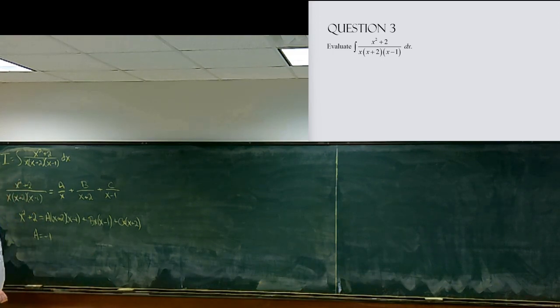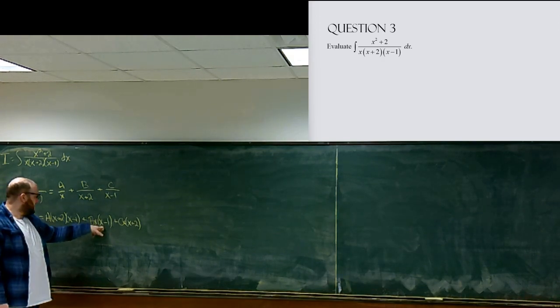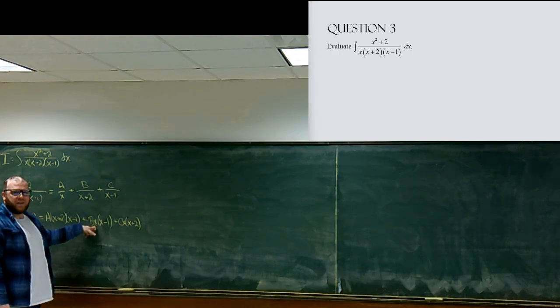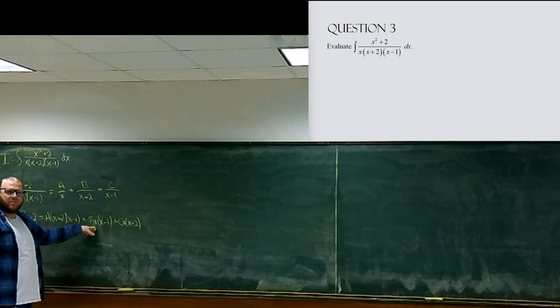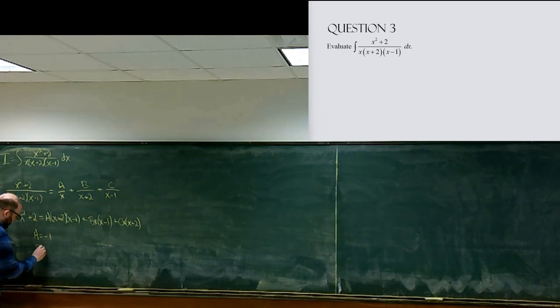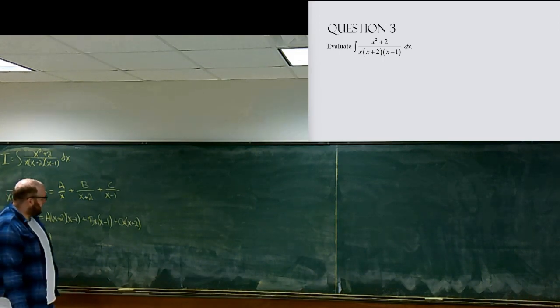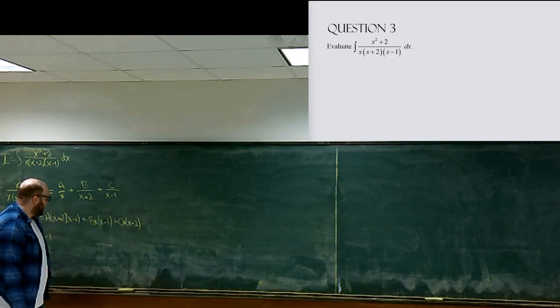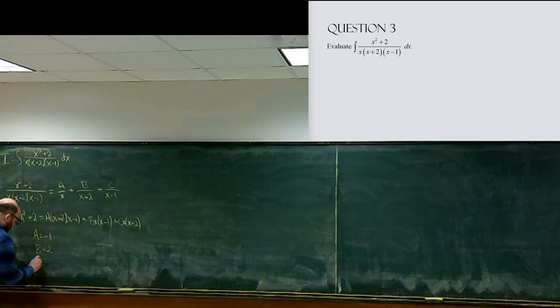That'll let us solve for B. 6 is 3B. So B is 2. Now let x be 1. That'll let us solve for C. 3 is equal to 3C. So that makes C equal to 1.